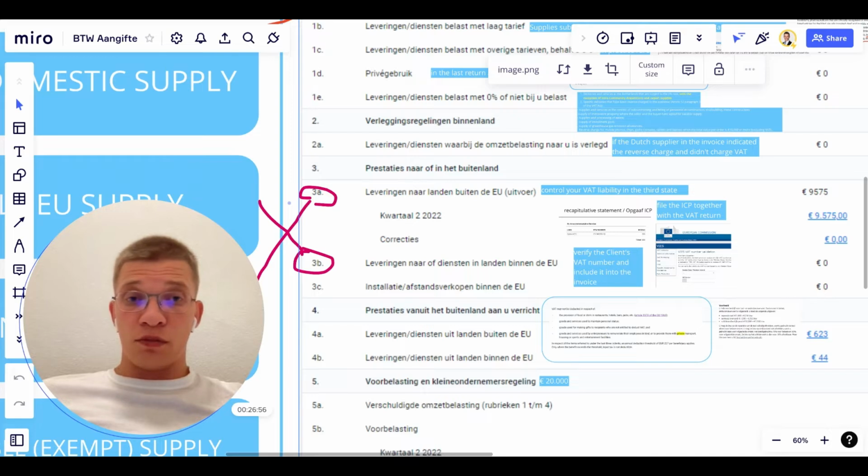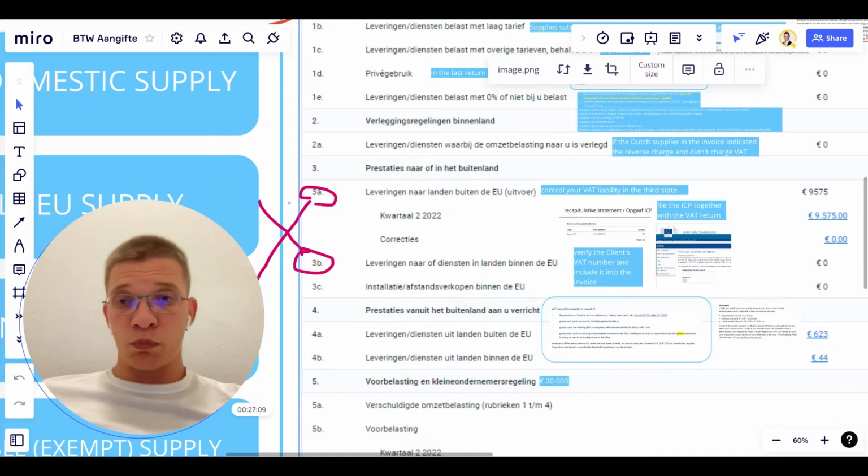So if the client in the EU doesn't have a VAT number, doesn't provide you with one, then you have to charge, in my case, Dutch VAT, 21%, because you have to regard this client as a customer, not business.